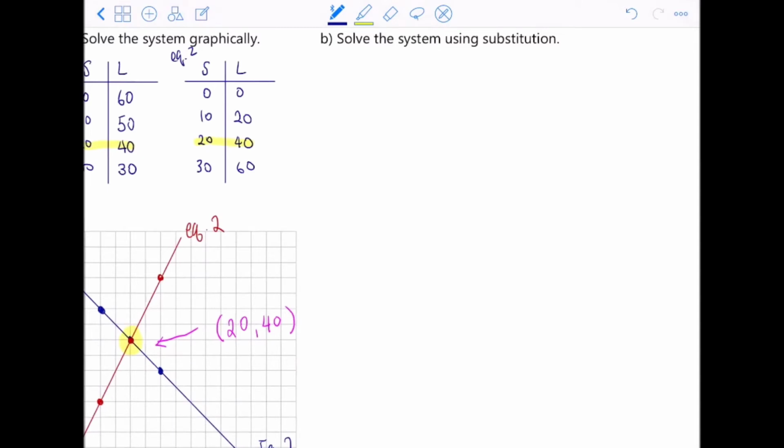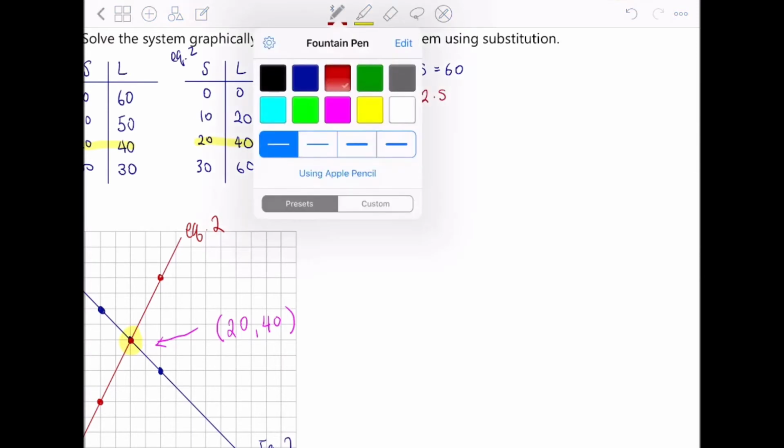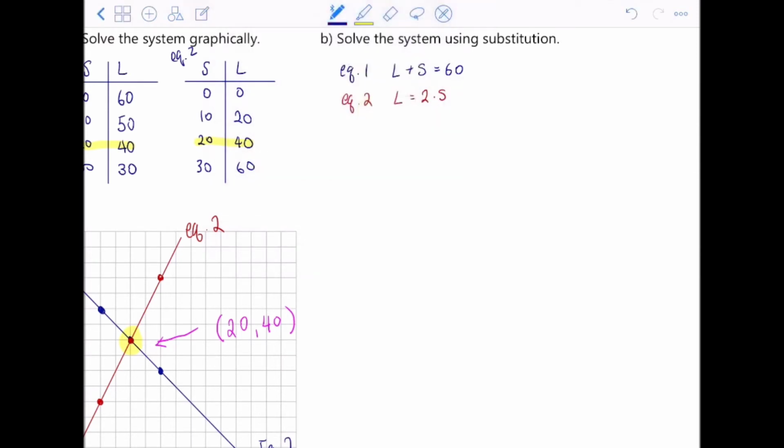Let's first write down the two equations so I can see them. Equation 1 is L plus S equals 60. Equation 2 is L equals 2 times S. Notice that equation 2 already has L isolated.